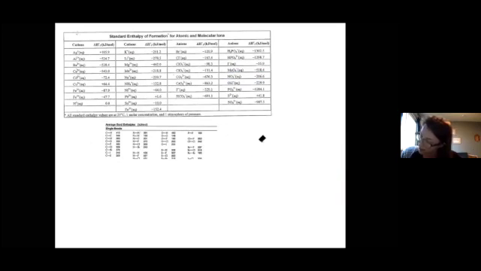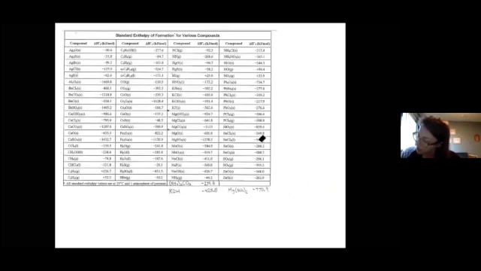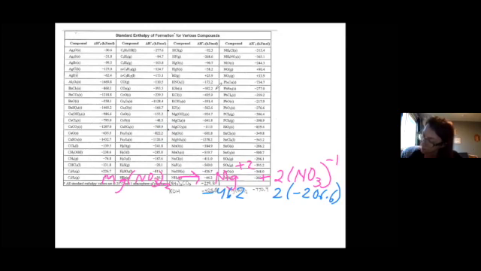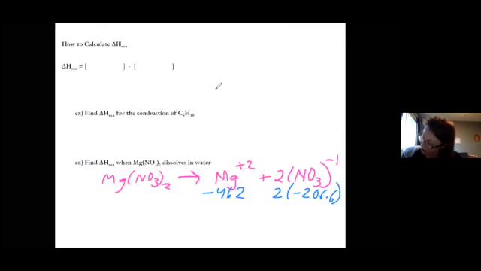When we're looking for magnesium nitrate on the actual chart itself, if you look alphabetically and you can't find it, that's what this little dot is there to remind you of. That means we wrote it in at the bottom somewhere for you. So magnesium nitrate has a value of negative 770.9.